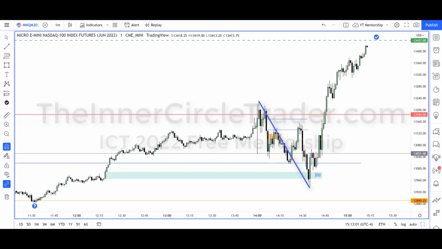That range I'm using the Fibonacci to expand up to a target, and it came up to 13,437 even. I'm just waiting for it to hit that, and then once it does, I'll go into the Fibonacci and show you what this looked like and how I measured it.